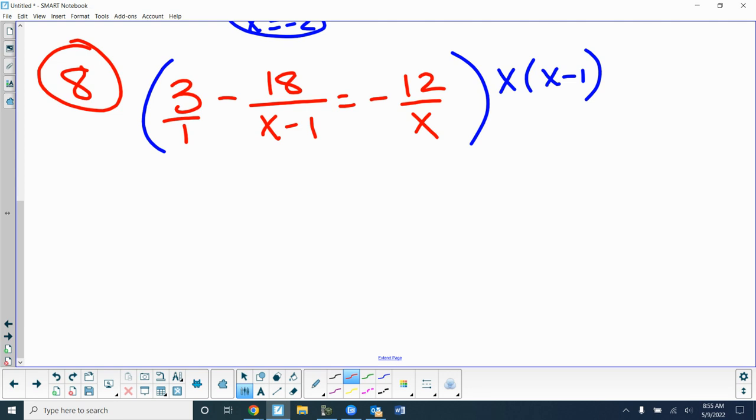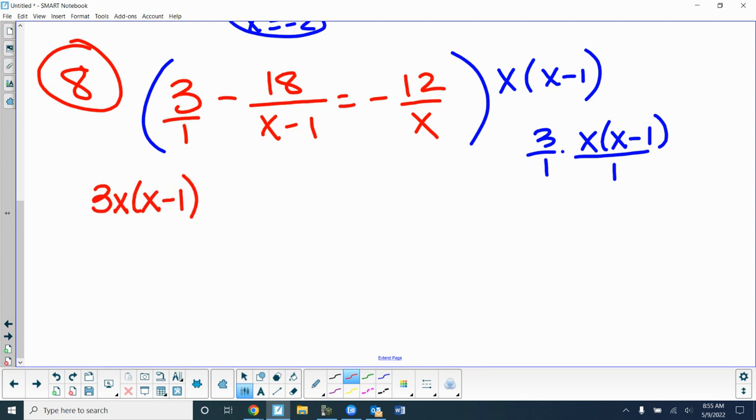Again, here's the problem we're doing. We're doing 3 over 1 times x minus 1 over 1. All right? So that's just 3 times x minus 1, right? When I do 18 over x minus 1 times x minus 1 over 1, what happens to the x minus 1?